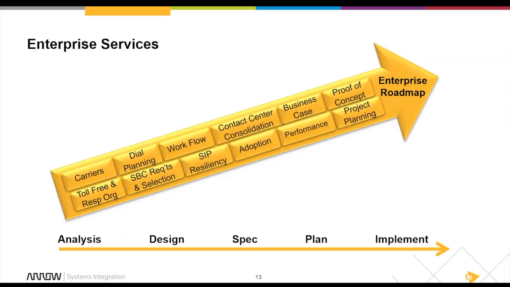Then we spec out the design with vendors to ensure that the proper mix of applications and systems for the cost and purpose is there. And using all that information, we construct a plan around the business and its decided upon approach to move forward, such as phased rollouts or flash cutovers, depending on the situation. Finally, we implement all of that data-driven design and planning to transform the enterprise and prepare for the future.